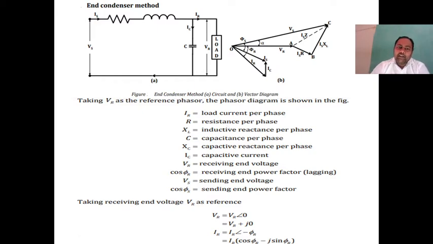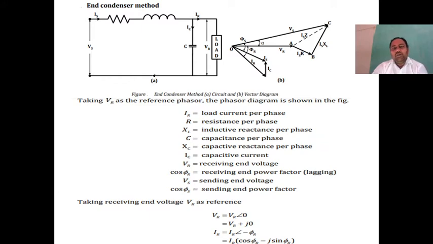XL is the inductive reactance per phase. C is the capacitance per phase. XC is the capacitive reactance per phase. IC is the capacitive current. VR is the receiving end voltage, which is the reference quantity.